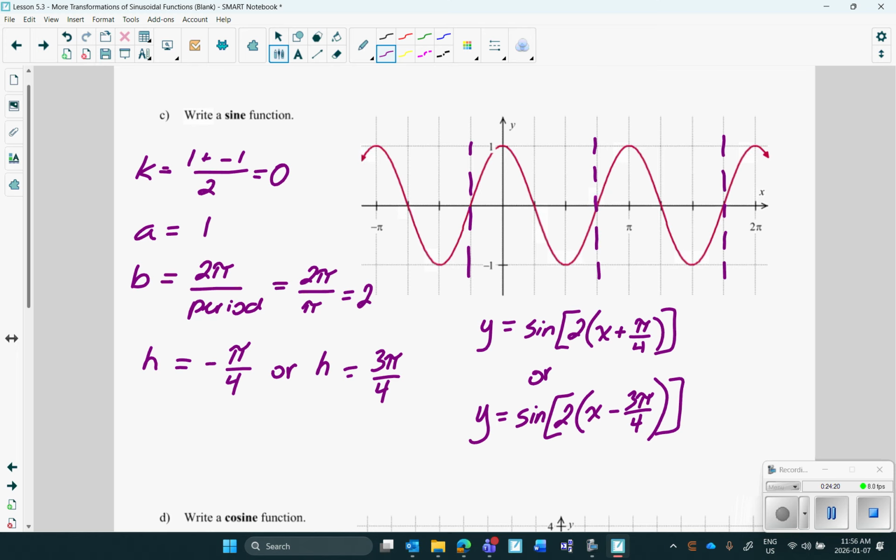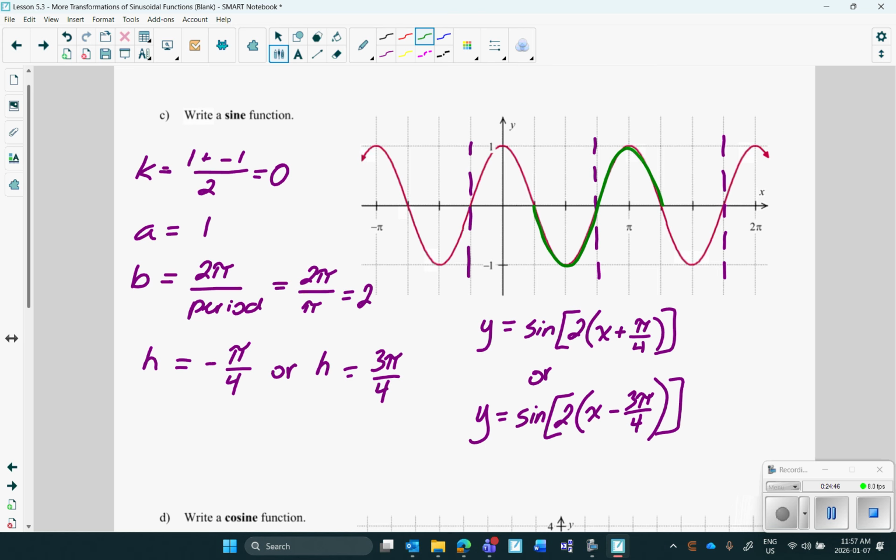There are infinite answers. Actually, you know what I could do? I'm going to shift it to here and do this one. That's a flipped one, isn't it? So isn't it the same as moving it pi over 4, but putting a negative in front because you're flipping it?